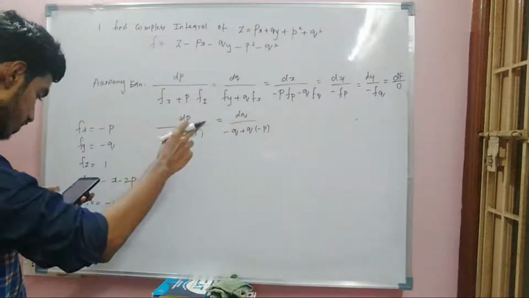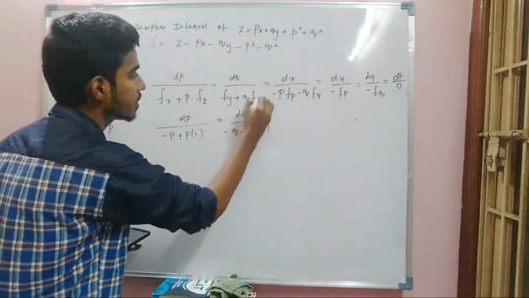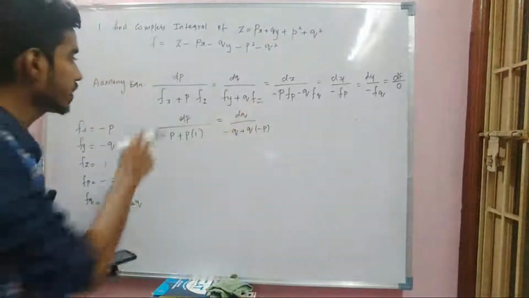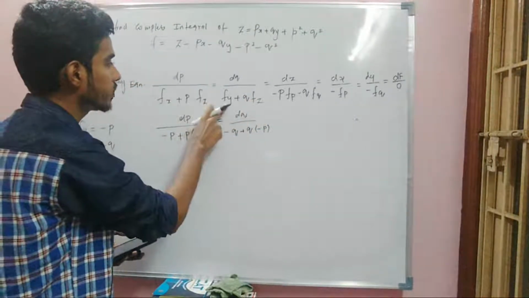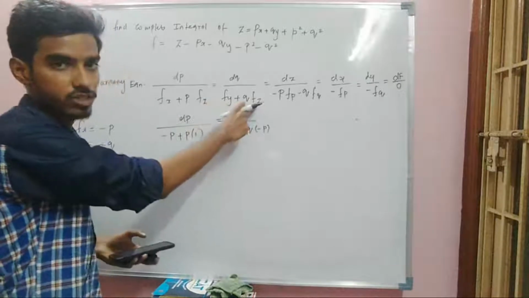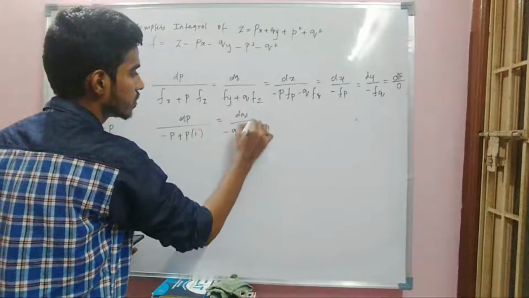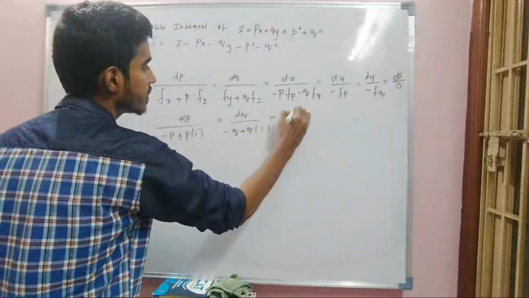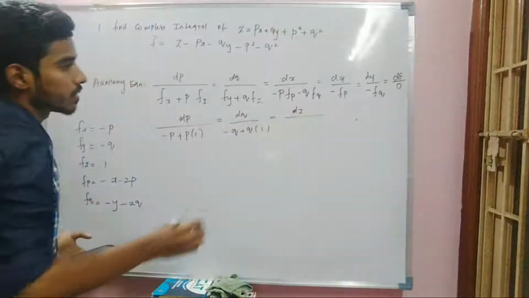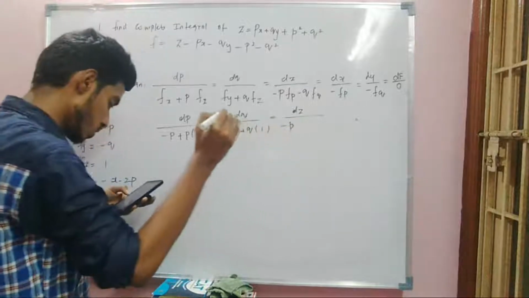Sorry, change this to fz. Fx plus p fz, fy plus q fz, please change to fz, right? So fz is 1, minus dz divided by minus p into fp.